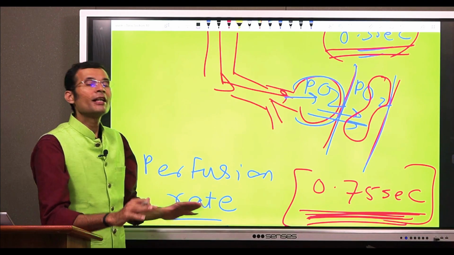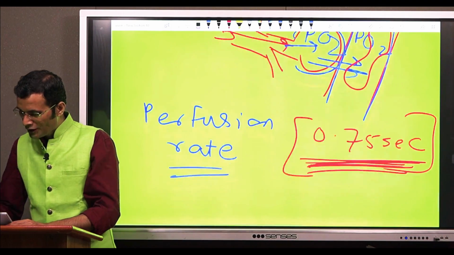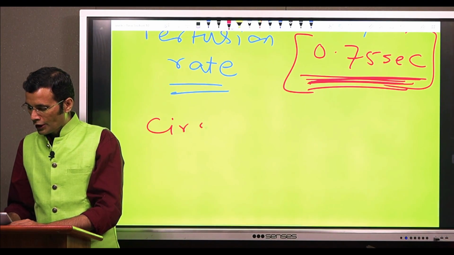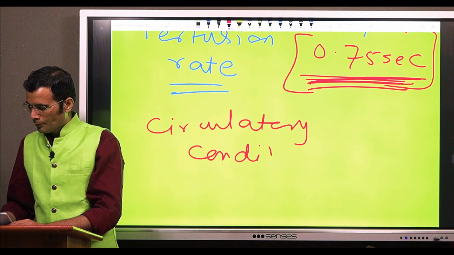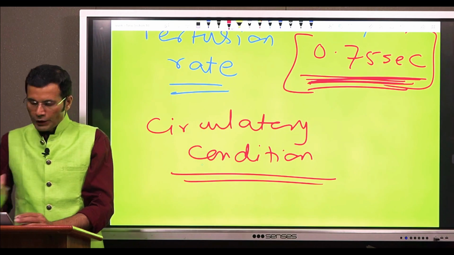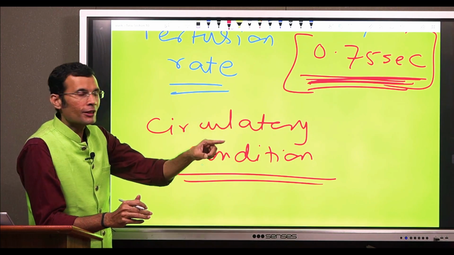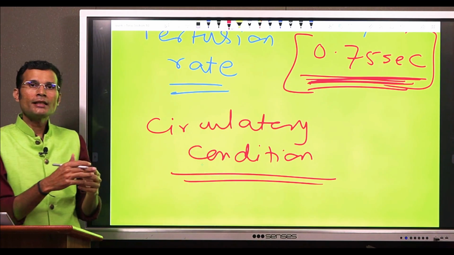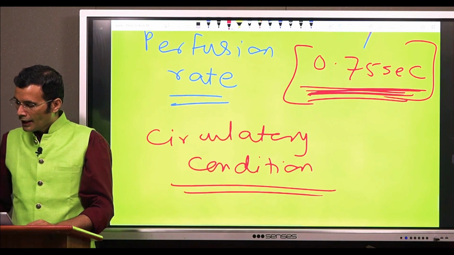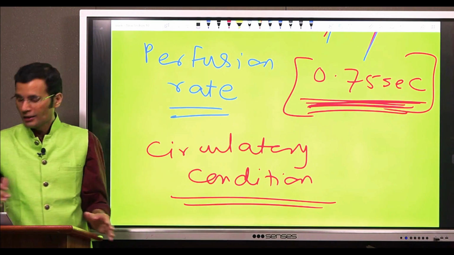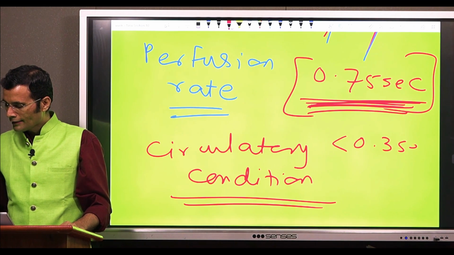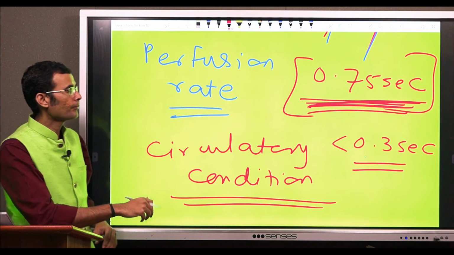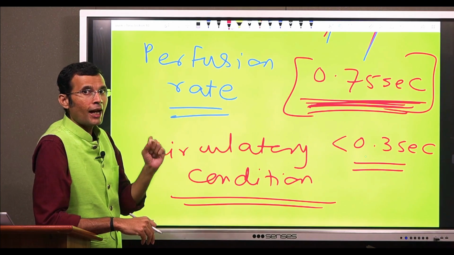Now imagine a certain circulatory condition in which the rate of perfusion in the lungs is altered and an average RBC stays in the pulmonary capillary blood for less than 0.3 seconds.